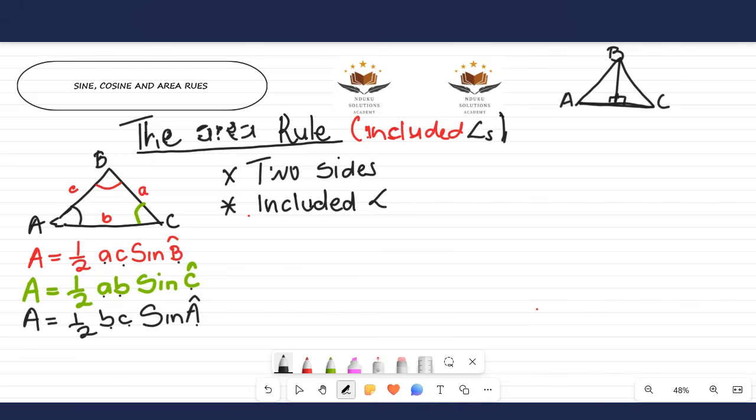So for us to use the first one, it means we need to have been given angle B and sides A and C. Same applies to all of them. I hope that is clear.